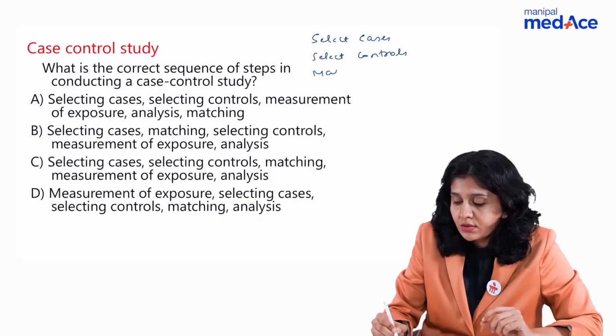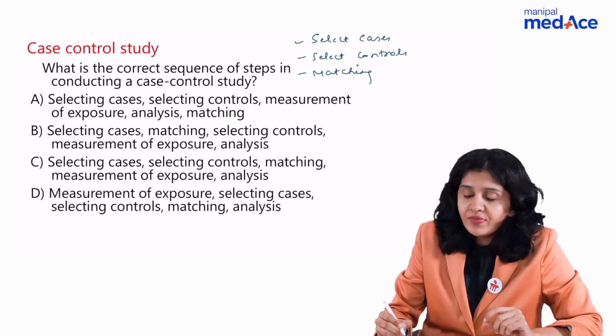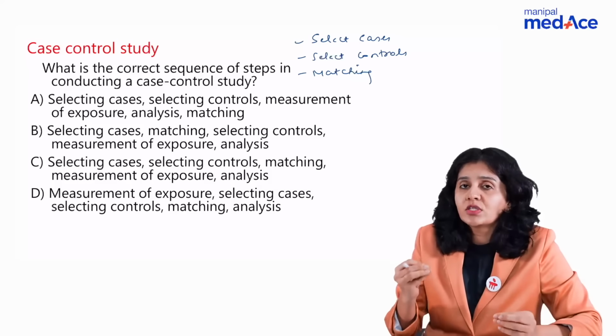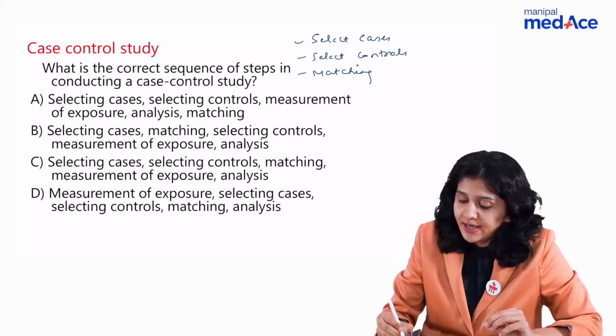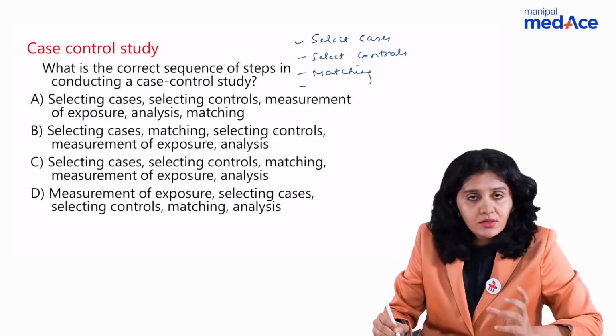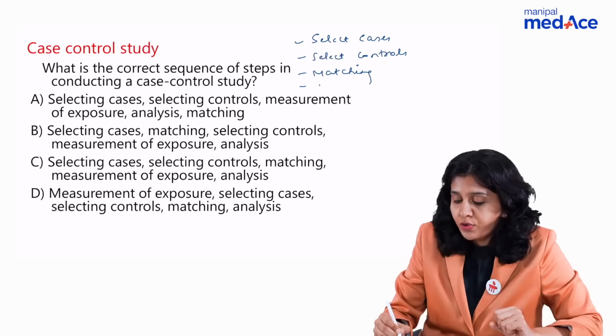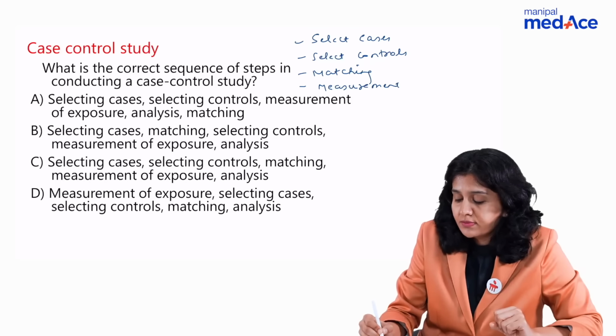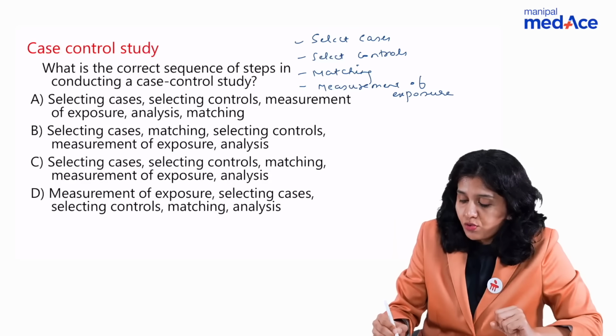Matching, right? What is matching? The controls are similar to cases with respect to certain basic characteristics, like age, gender. After the selection is complete, we are going to do measurement of exposure in each group, right? That is cases group and control group. And then we are going to do the analysis.